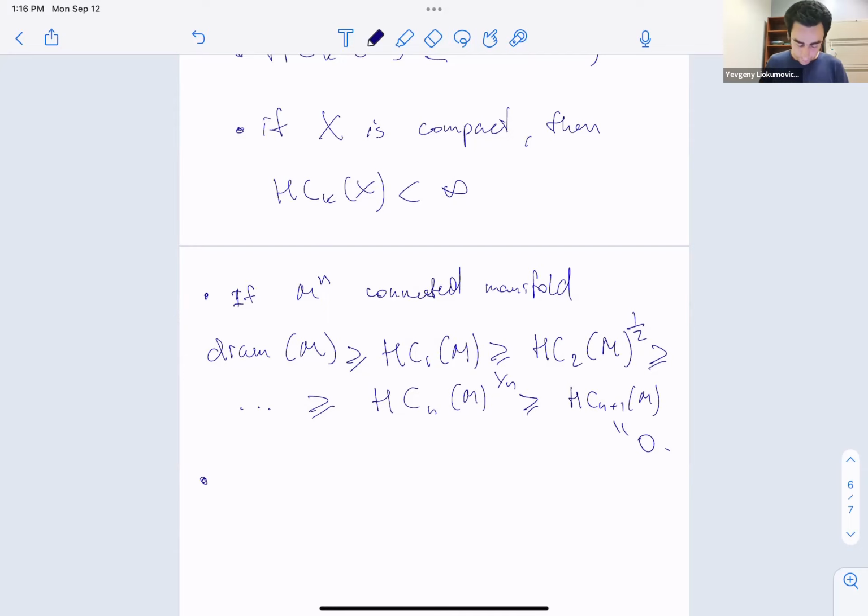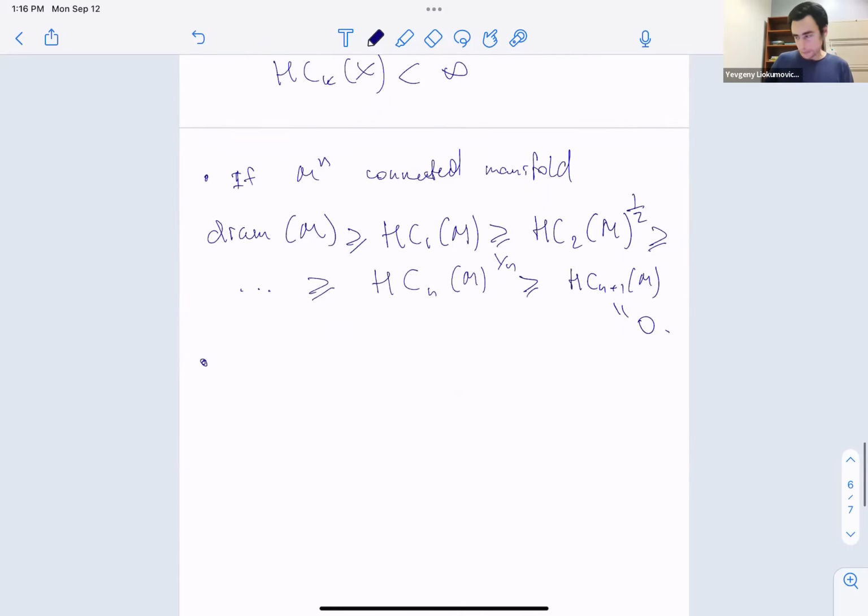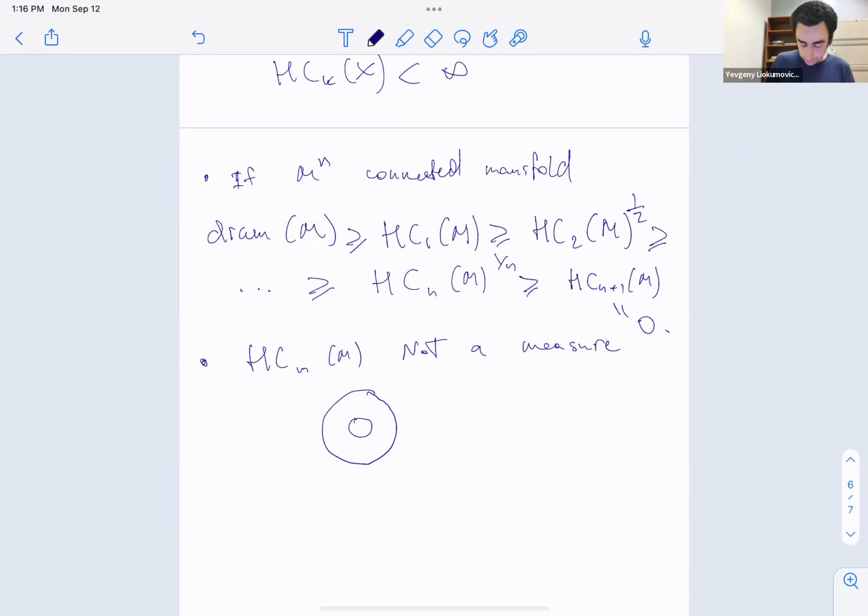So another thing about Hausdorff content is that it's not a measure. So this is something not so convenient if you have a measure. If you have, for example, a disk and you construct an annulus by removing a small disk.